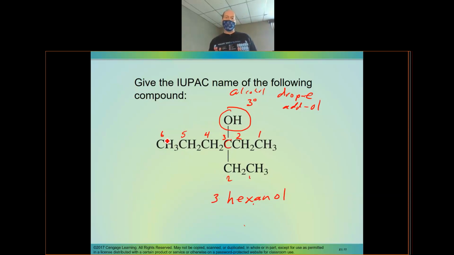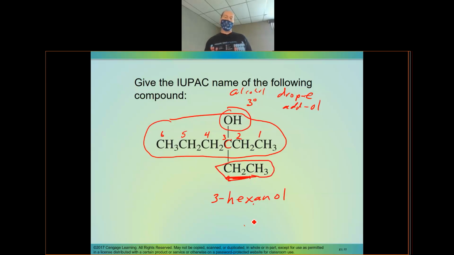So when we name 3-hexanol, we have named 6 of our carbons and our OH. We have not yet named these 2 carbons coming off of carbon number 3. And that is an ethyl group, and so you have to say this is a 3-ethyl-3-hexanol.